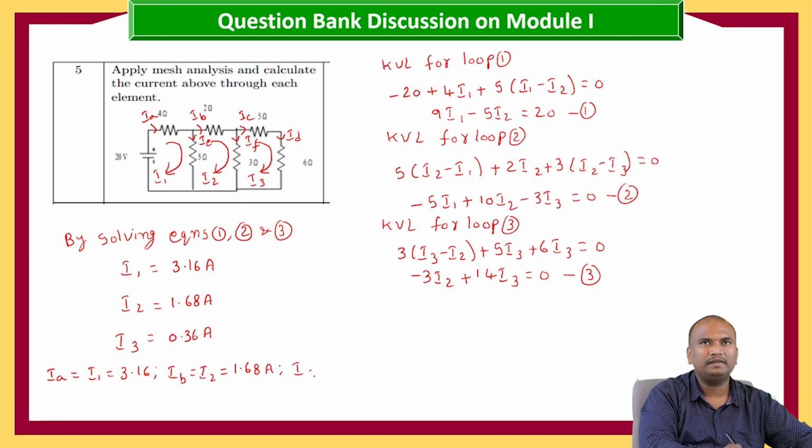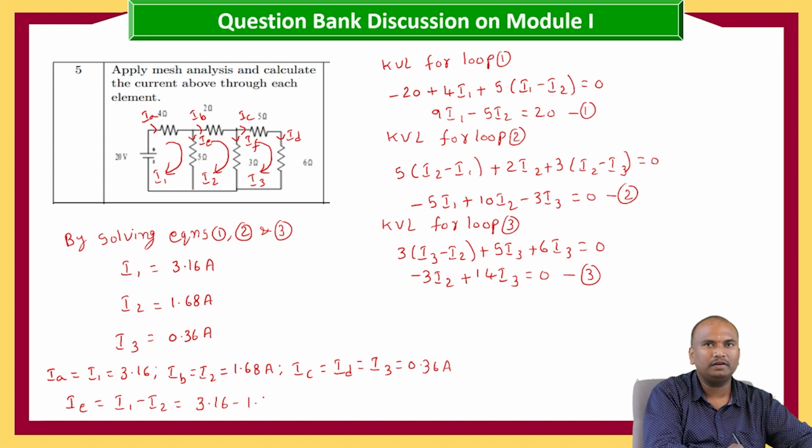And IC is equal to ID, because they are connected in series, which is equal to I3, that is equal to 0.36 amperes.